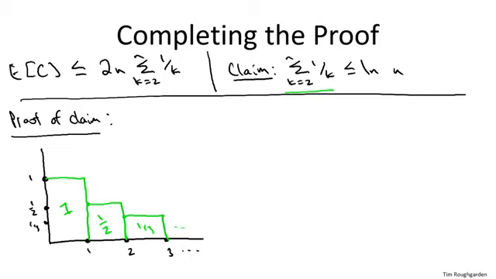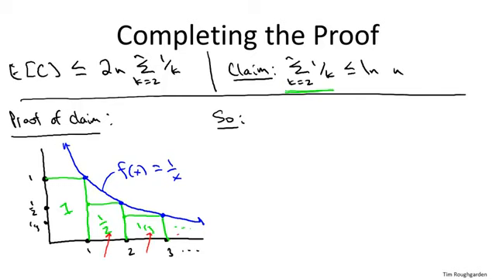And now I'm going to overlay on this picture the graph of the continuous function f of x equals 1 over x. So notice that it is going to go through these points. It's going to kiss all of these rectangles on their upper right corners. Now what is it we're trying to prove? The claim we're trying to prove is that this sum of 1/2 plus 1/3 and so on is upper bounded by something.